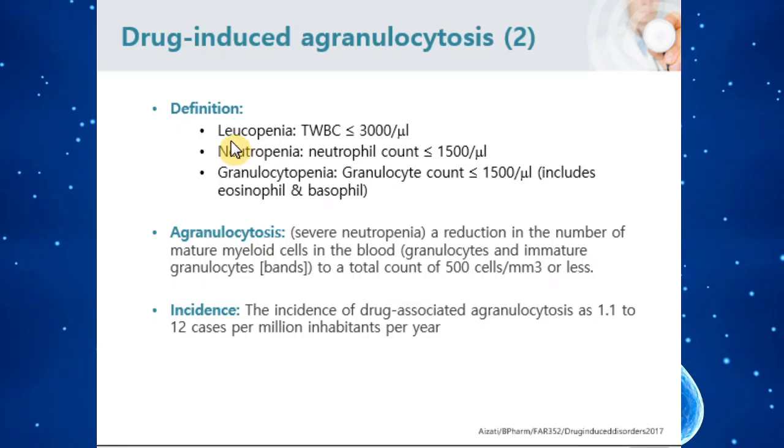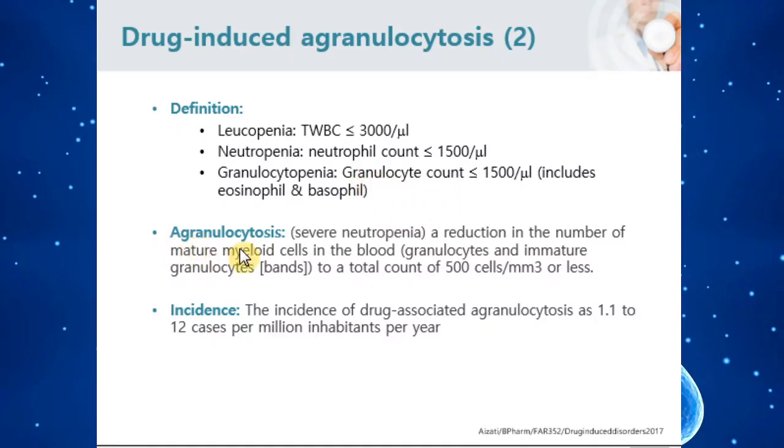For example, leukopenia is defined as a total white blood cell count of less than 3,000 per microliter, while neutropenia only affects the neutrophil count of less than 1,500 per microliter, while granulocytopenia affects only the granulocyte count.